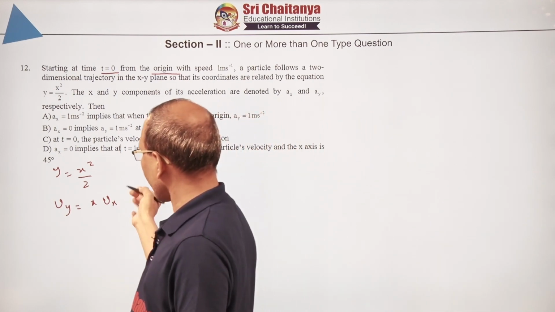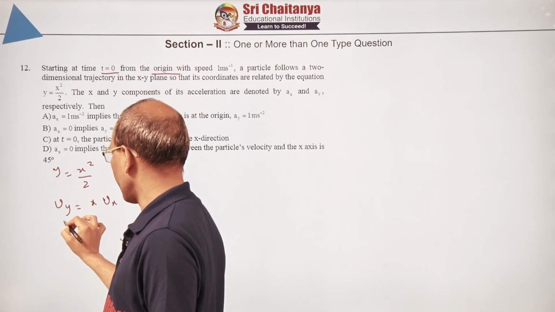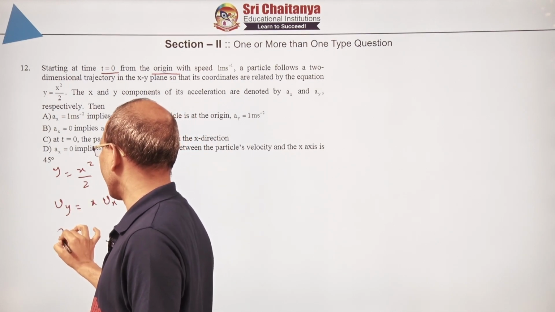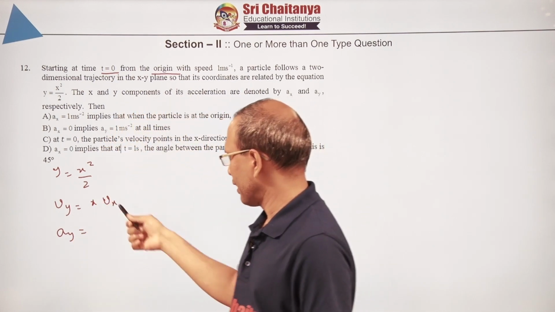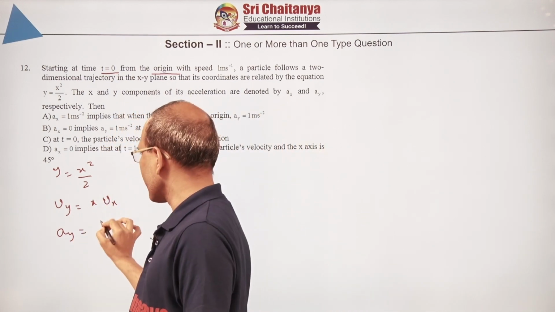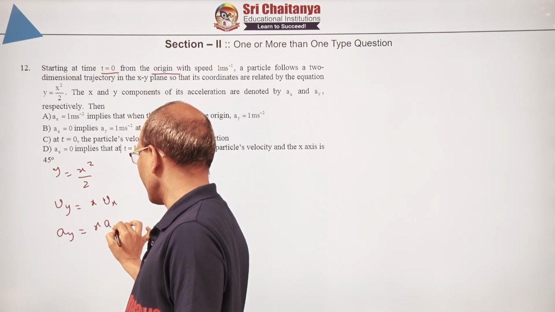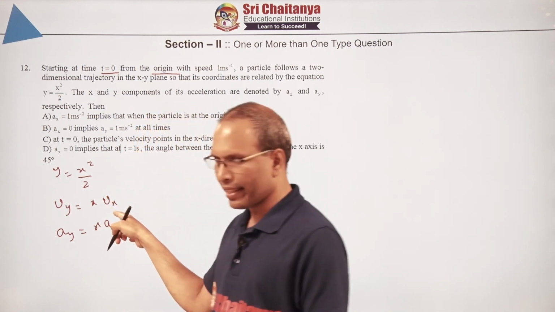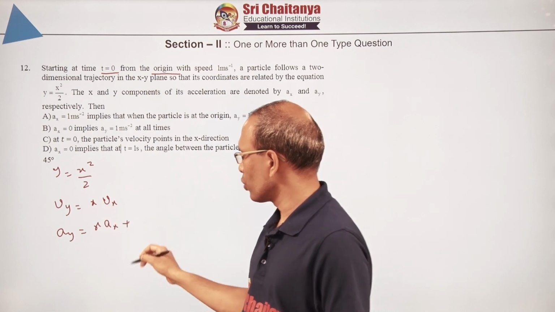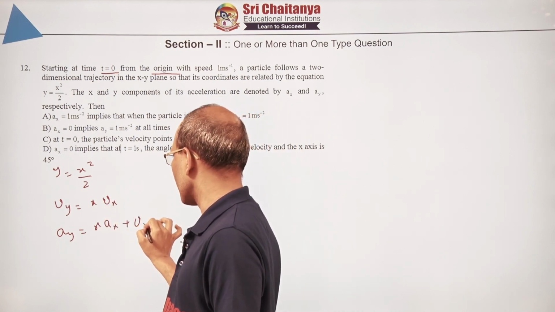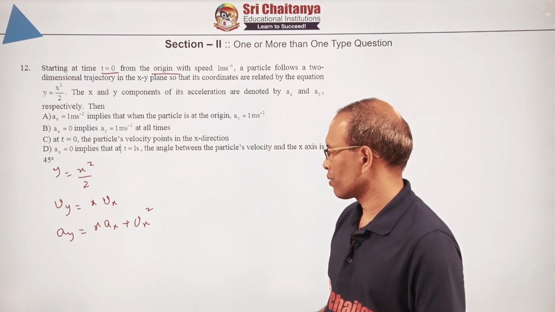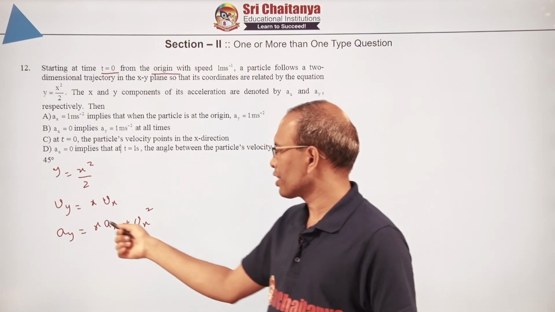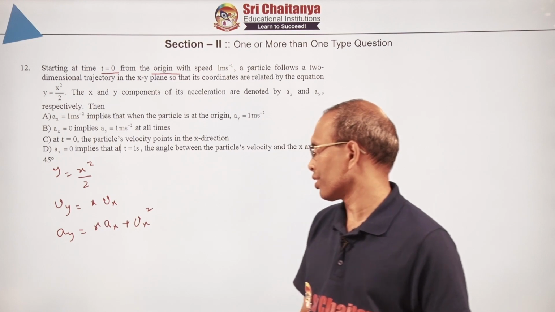Now if we differentiate again, then what do we get? ay equal to, we will apply the uv rule here. If I keep x as it is, differentiation of vx will be ax. If I keep vx as it is, differentiation of x will give you again vx. So this is vx square. So this is the ax and ay relation. Similarly, the relation between ax and ay is given by this relation now.